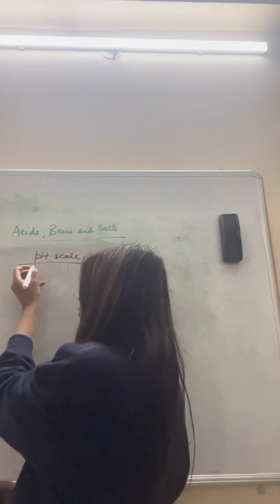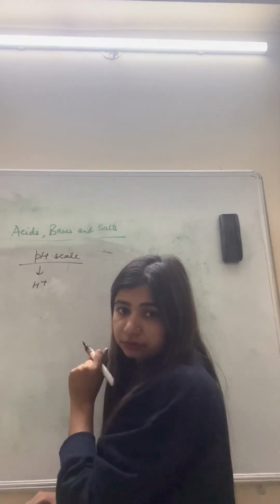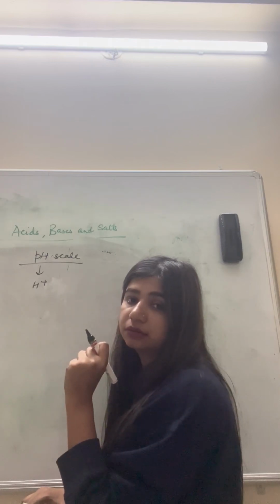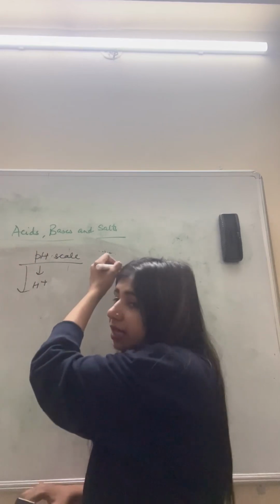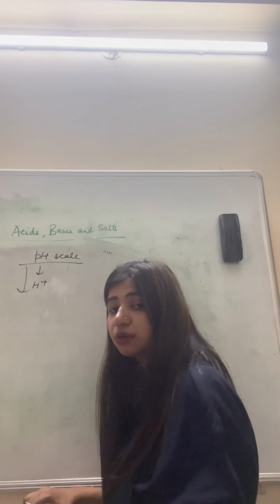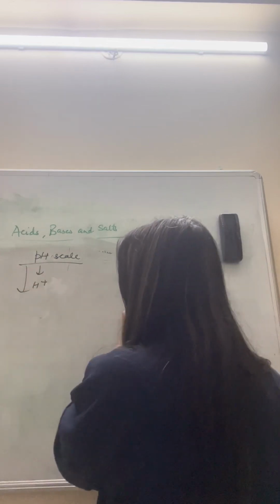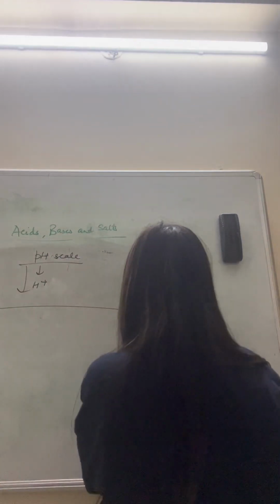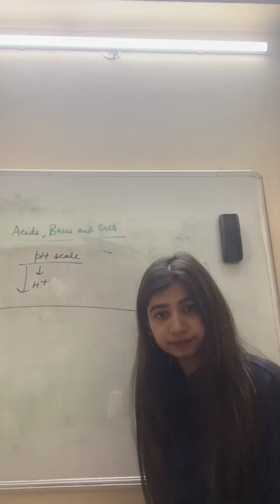It measures the concentration or power of hydrogen ion. It tells us how strong the acid is or how strong the base is, how weak the acid is or how weak the base is. This scale has numbers from 0 to 14.